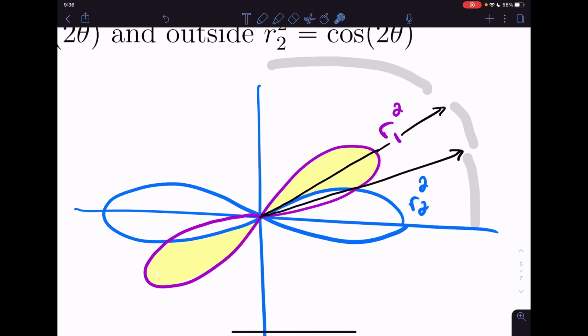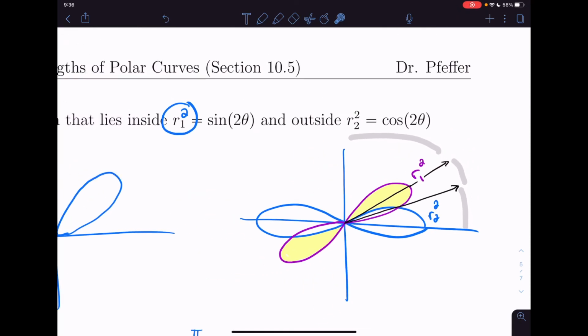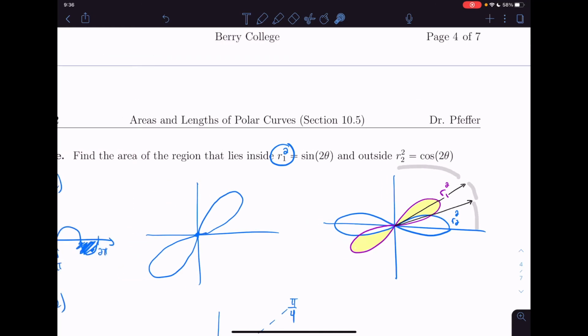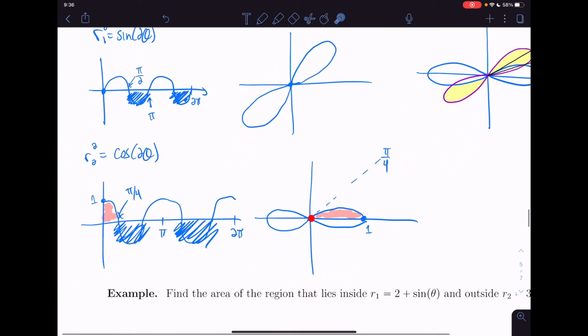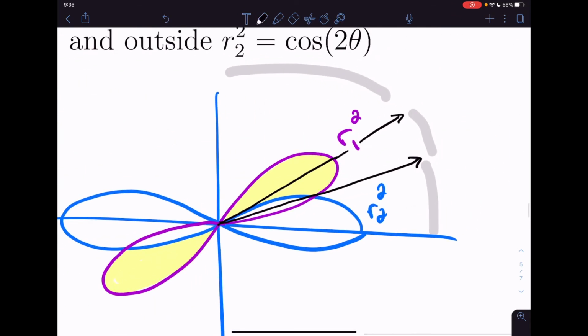The key thing here is that the first line, this black one right here, is exactly when the blue lemniscate doesn't have any contribution anymore. But that's something we already understand pretty well. Right here, the blue lemniscate has no contribution at pi over 4. So this first black line here is theta equals pi over 4.